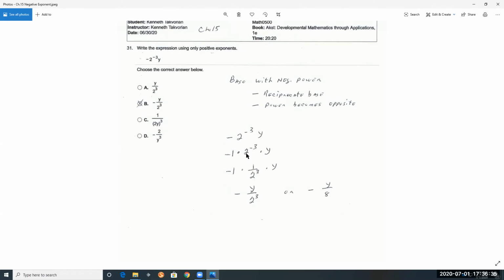The base that we have that's raised to the negative power is 2. So we're going to reciprocate that base, putting it in the denominator, but we're raising it to the opposite power. To simplify this answer, we'll have minus y over 2 cubed, or equivalently minus y divided by 8.